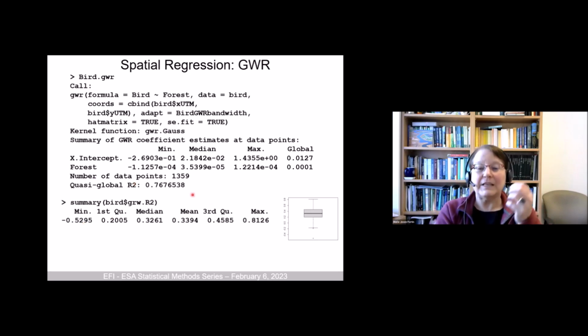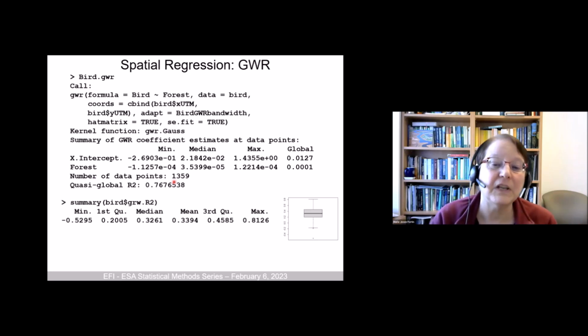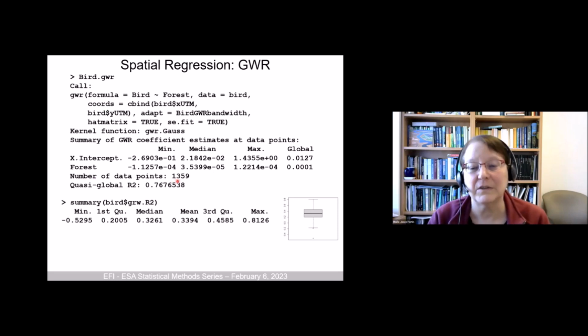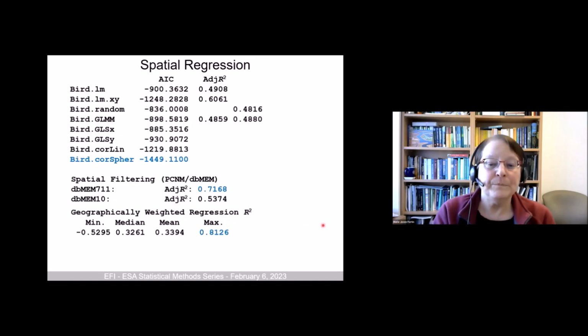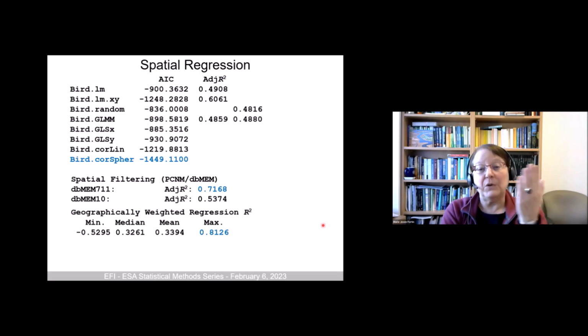So there are as many regression points as there are sampling locations, 1,359 of them. And this is the box plot of those pseudo R squares.